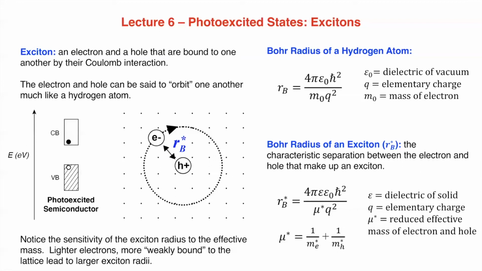So this Bohr exciton radius is sort of very much like a hydrogen atom, where the two charges are orbiting around one another. A big difference is this reduced effective mass. And then the other is the dielectric constant. So in the case of the hydrogen atom, we have the dielectric constant of a vacuum. And in the case of a solid, we have some other number that is usually a lot higher. And so, the radius of the exciton is much larger than that of a hydrogen atom for those two reasons.